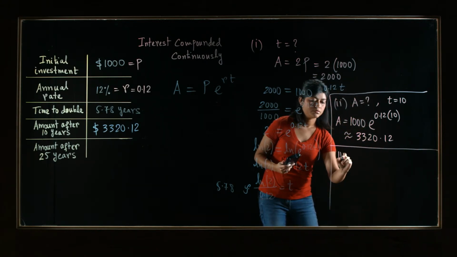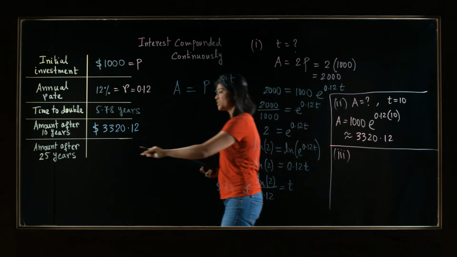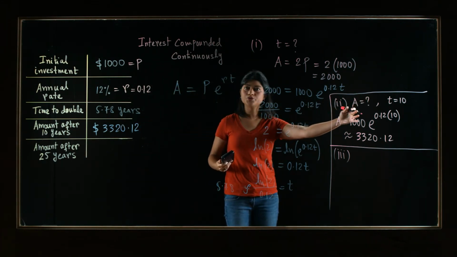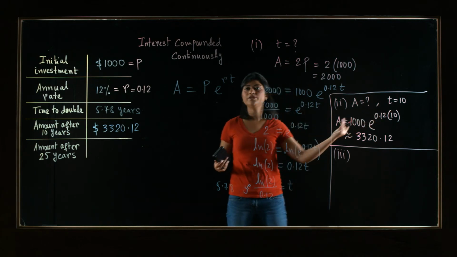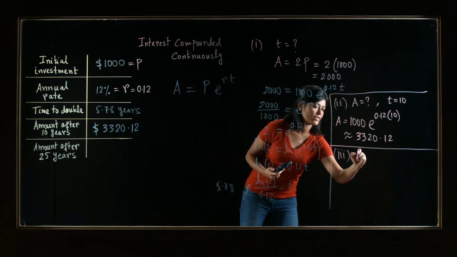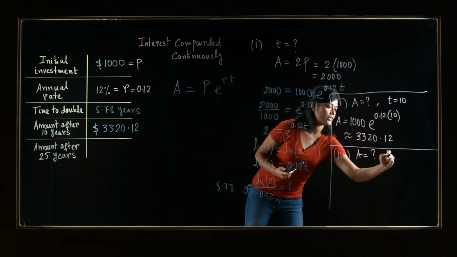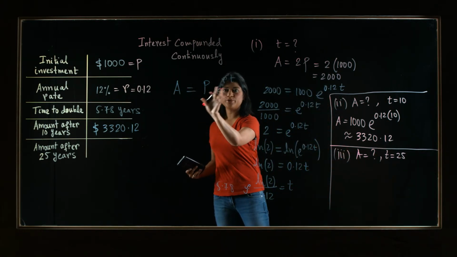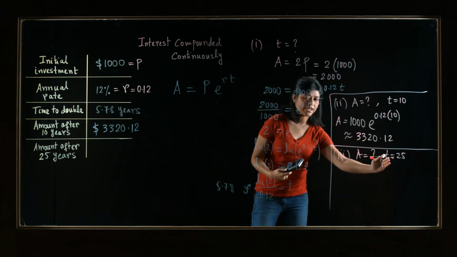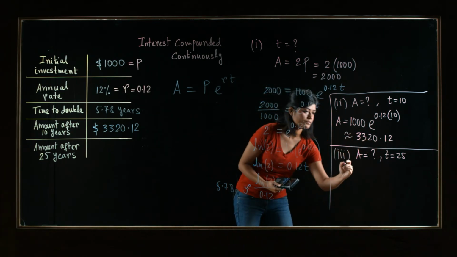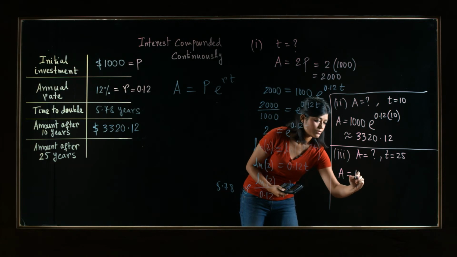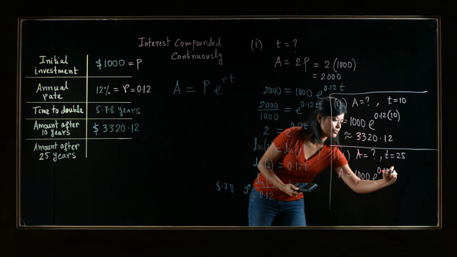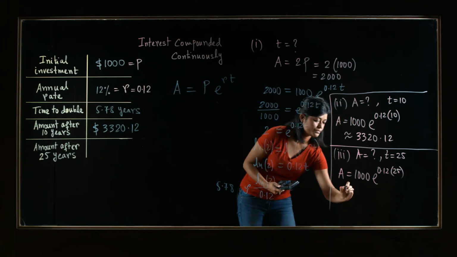Moving on to complete the table, the last thing we have to figure out is the amount after 25 years. It's the exact same thing as part 2, except here the time will be 25. So what is A when t is 25? That's what we have to figure out. We do the exact same thing. We take our equation and plug in the values of t, P, and r. So A is 1000 e to the power 0.12 times 25.